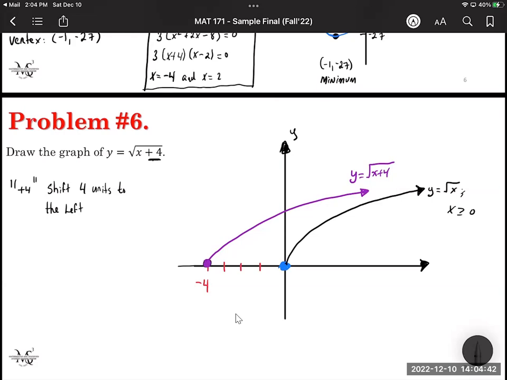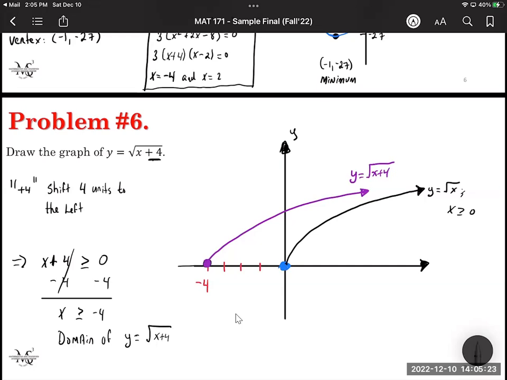So the expression inside the square root, the x plus 4, I set greater than or equal to 0, and I can find all the x values that satisfy that, namely my domain. To do this, I subtract 4 on both sides, and you get x is greater than or equal to -4. So that would have been the domain of y equals the square root of x plus 4.